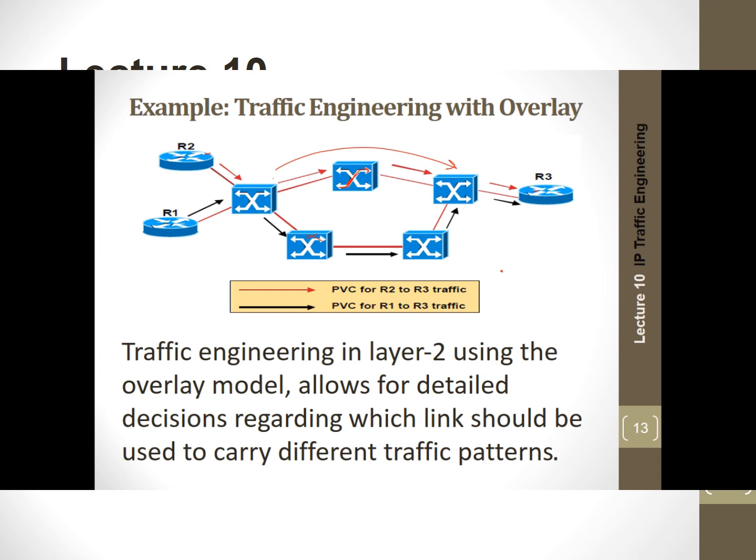After applying traffic engineering, we forced the black color traffic, for example, to use R1 to R3, and the red color traffic to use R2 to R3. If we did not apply traffic engineering, this side of the network would have been underutilized, and this one would have been overutilized.